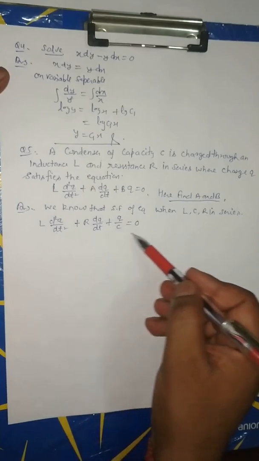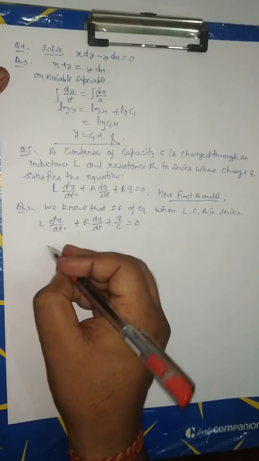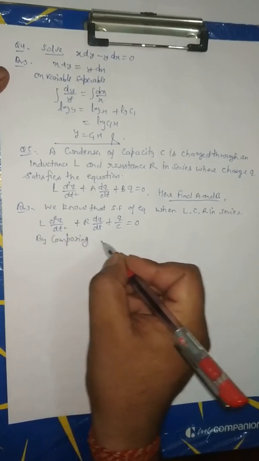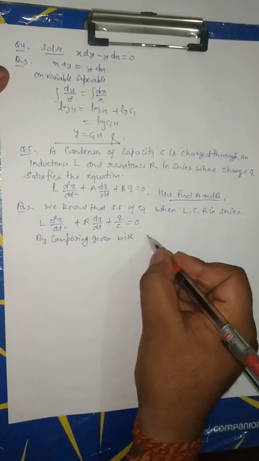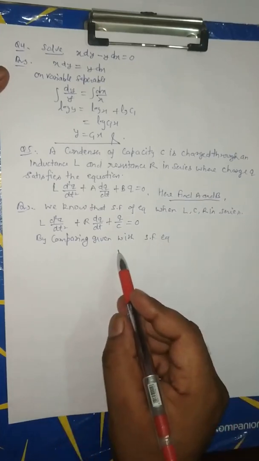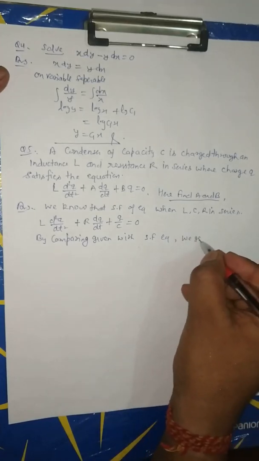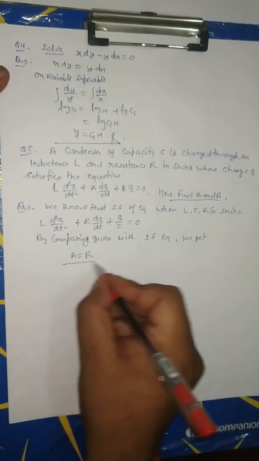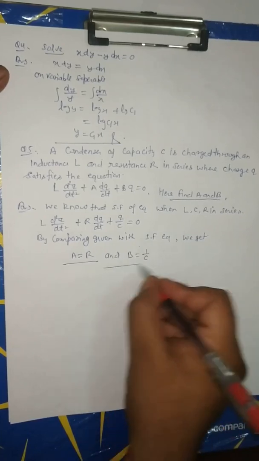By comparing the given equation with the standard form equation, we get capital A equal to R and capital B is equal to 1 upon C.